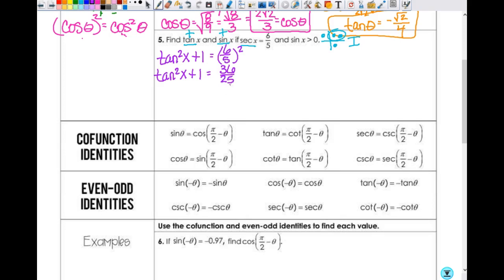Okay. So I need to subtract 1 from both sides. I need to think of that 1 as what? 25 over 25. So this is basically minus 25 over 25, right? So that means that tangent squared x is equal to 11 over 25.